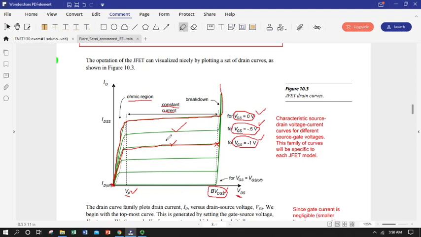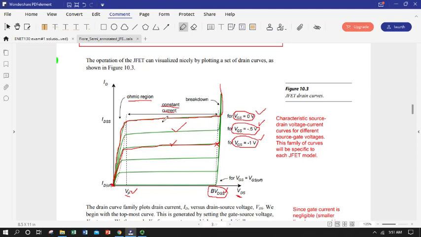So a constant current source, basically controlled by the gate. Here's where our gate signal controls the level of this plateau, and to a lesser extent it also controls the slope in this region, but this is the real effect. So we pick our steady constant current with our gate to source voltage.